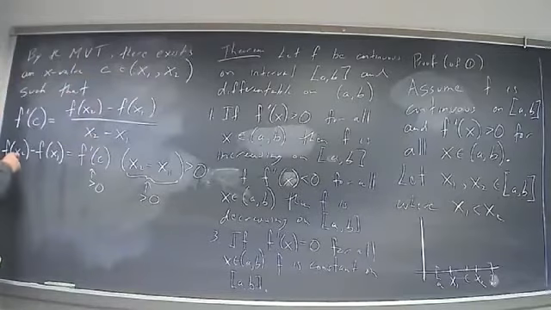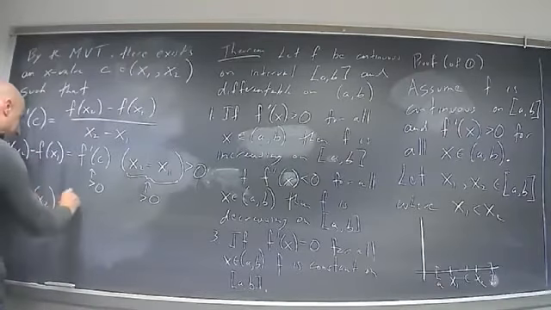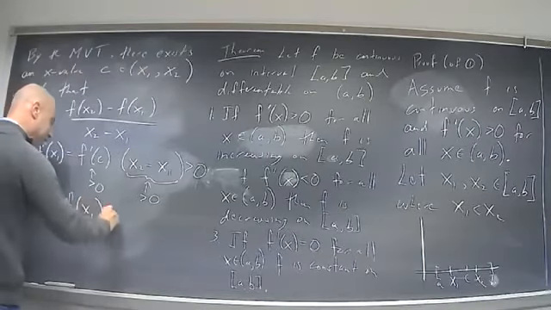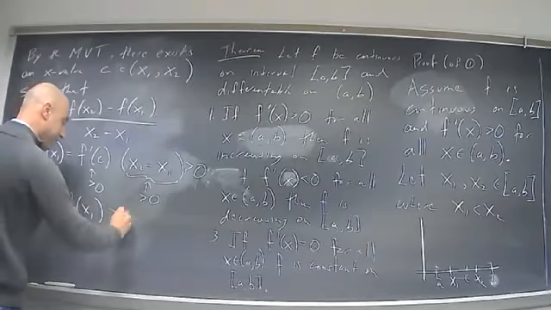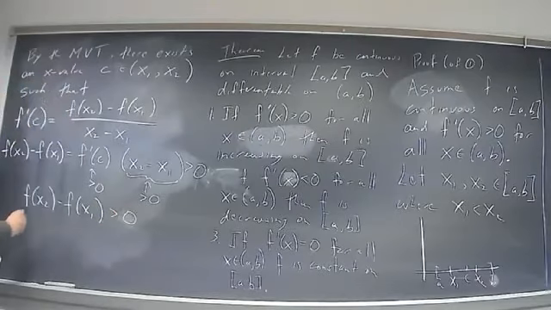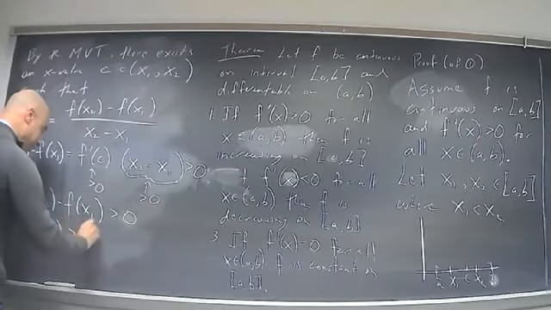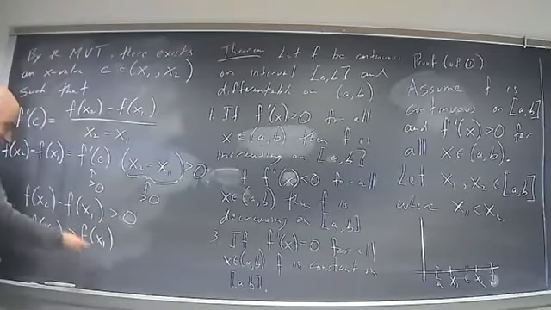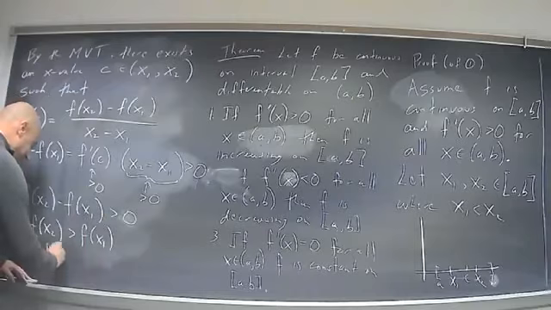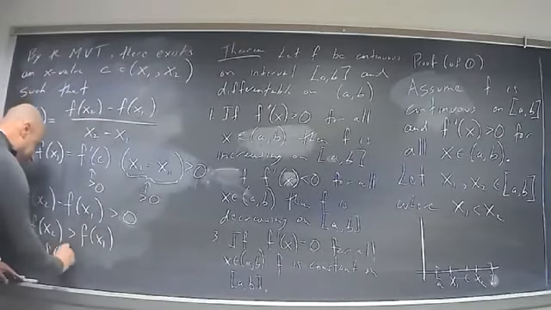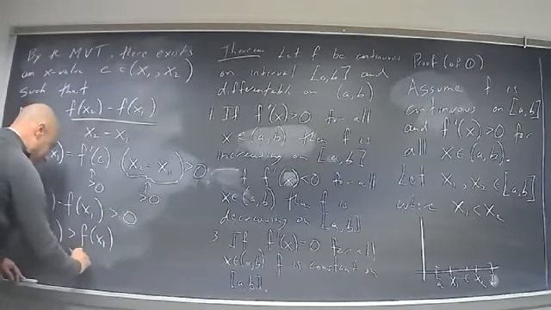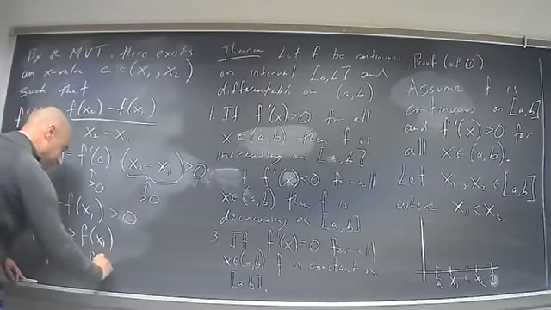In other words, let me just rewrite that. f of x2 minus f of x1 is greater than 0. In other words, f of x2 is greater than f of x1, or I could just as easily write it the way I wrote it before, f of x1 less than f of x2.